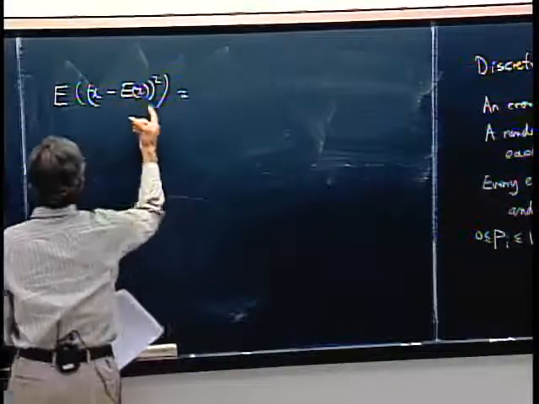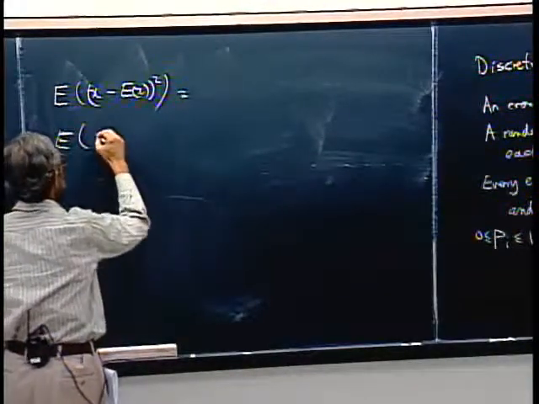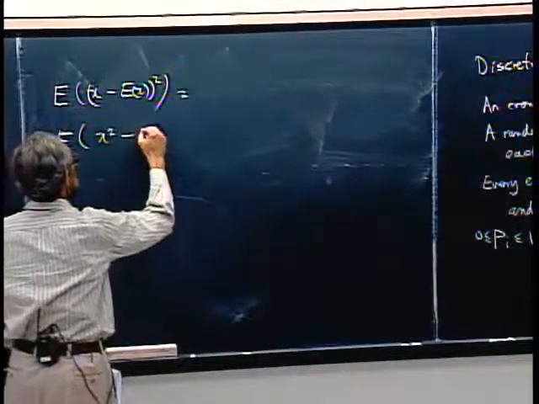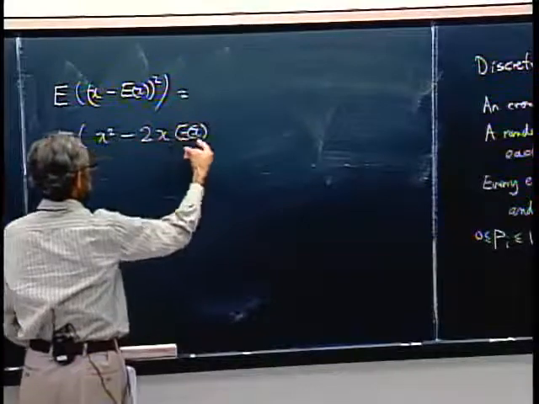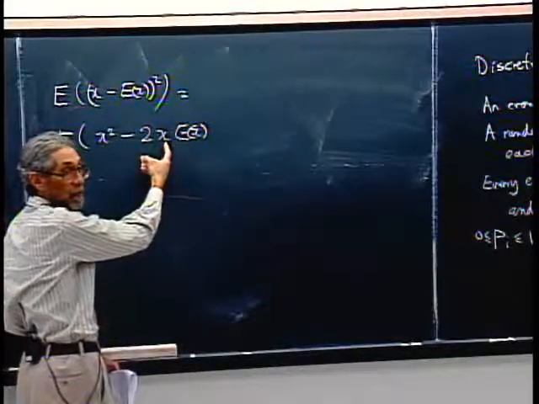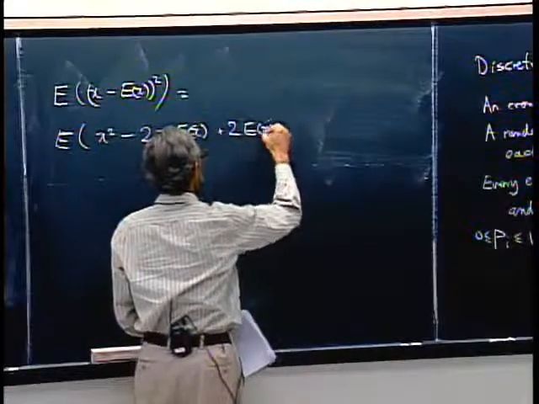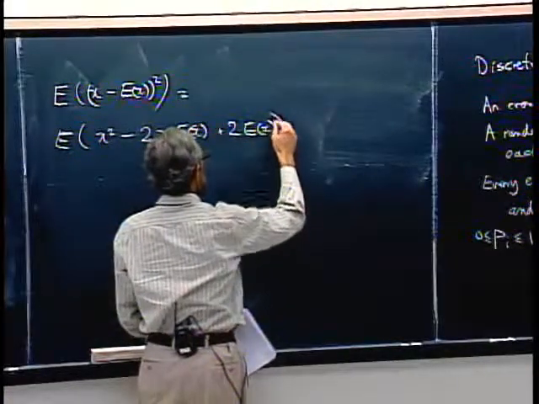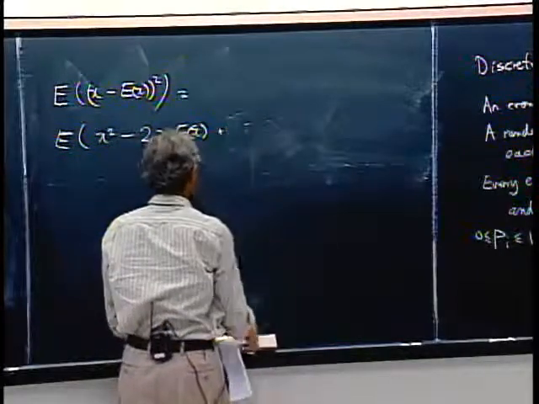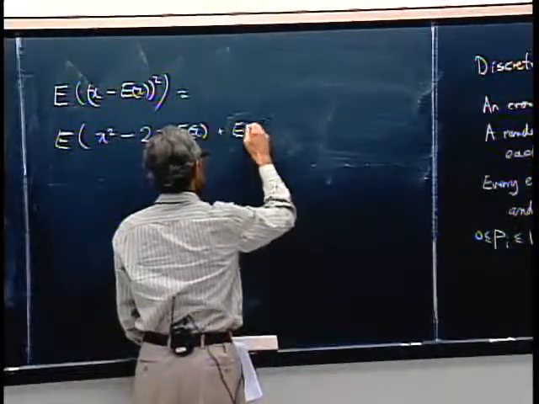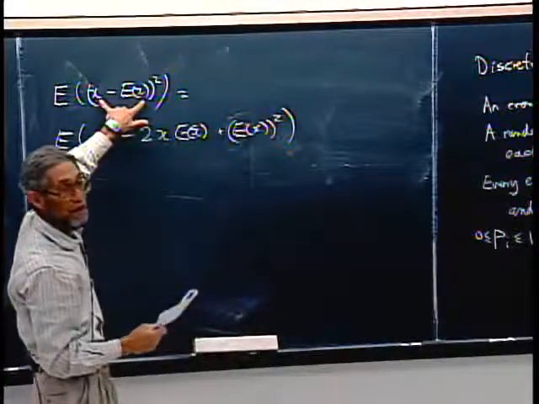Well, this thing I can multiply out as x squared minus 2x E of x, where this one is a constant and this one is the variable, plus E of x quantity squared. That's just re-expressing what I've got inside here.